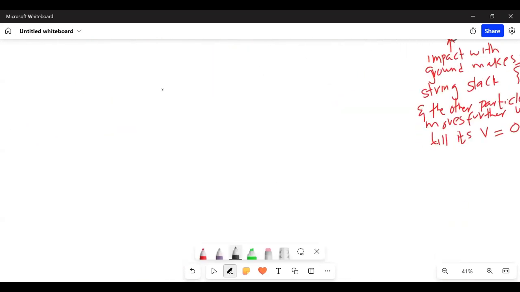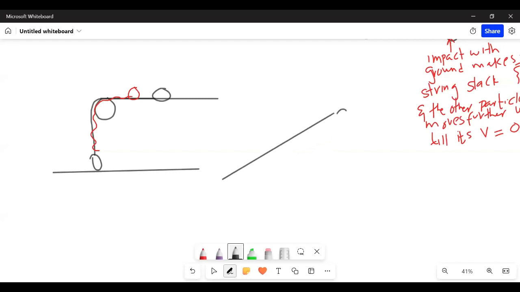So let's take a look at system 2. It was something like this. Let's say this particle hits the ground. Then the string will slack because of impact and the particle will move further towards the pulley. And in an inclined system, here's the particle.